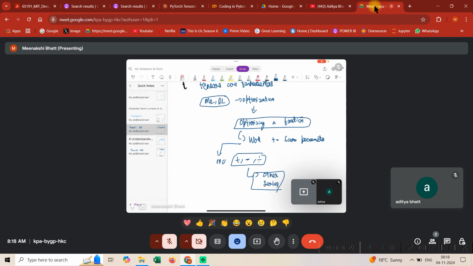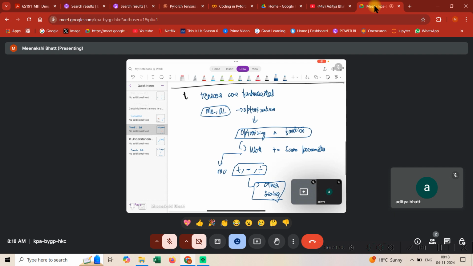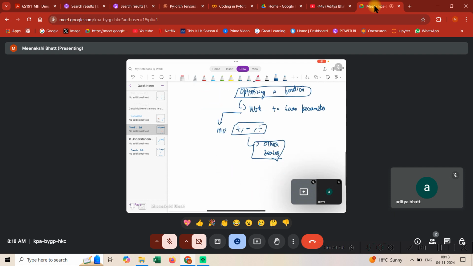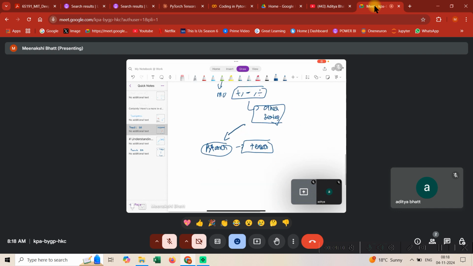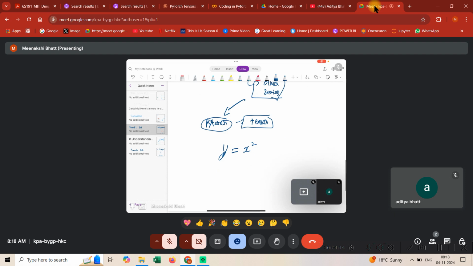For all these mathematical operations to take place in the backdrop of PyTorch, the underlying data type is the tensor. Let's say you have a function y equals x squared, and you want to compute the derivative dy by dx, which is 2x.